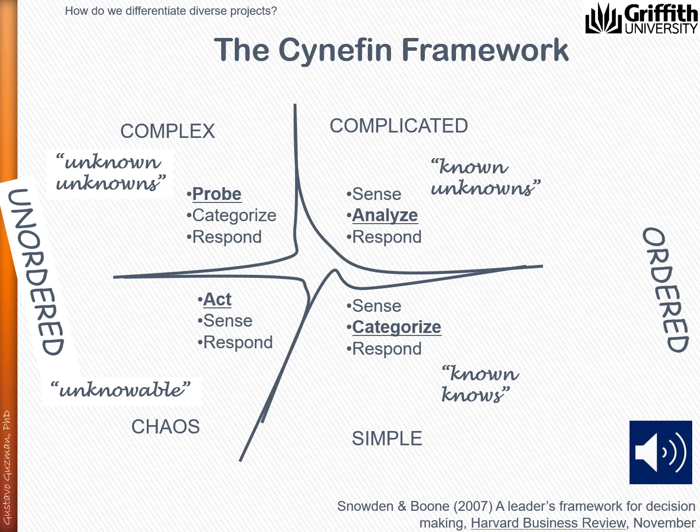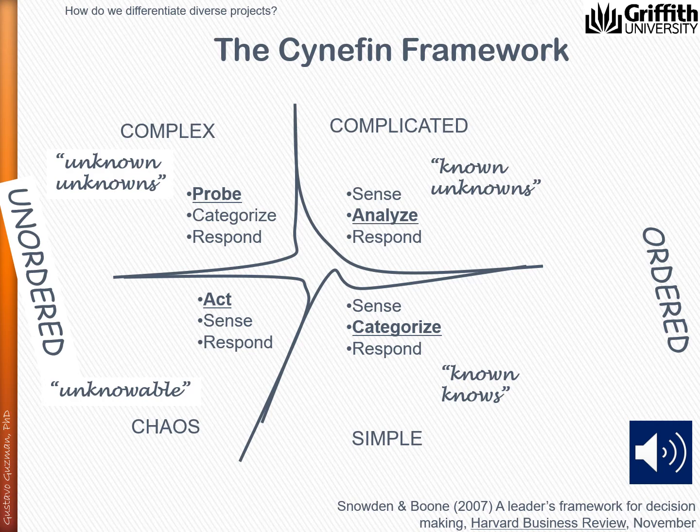The first one is the simple context. Here, there are linear cause and effect relationships. Events repeat themselves, so it is possible to construct predictive models such as standard operating procedures. The focus in this type of context is on efficiency, manuals, and operating procedures.